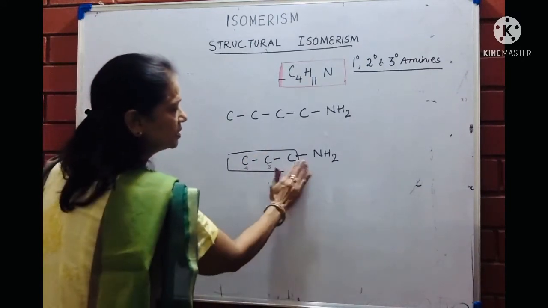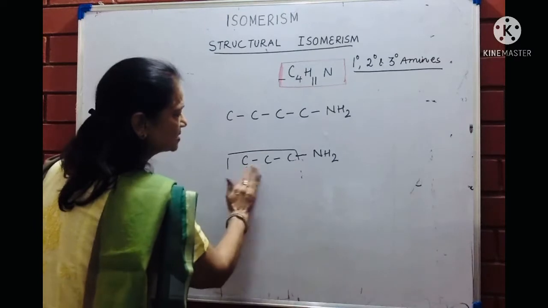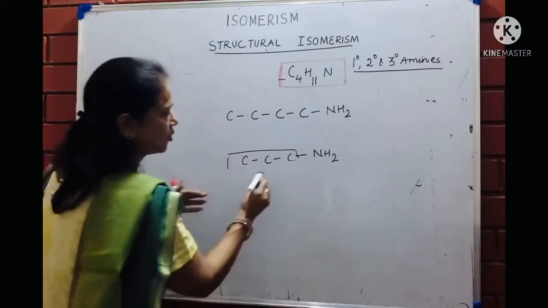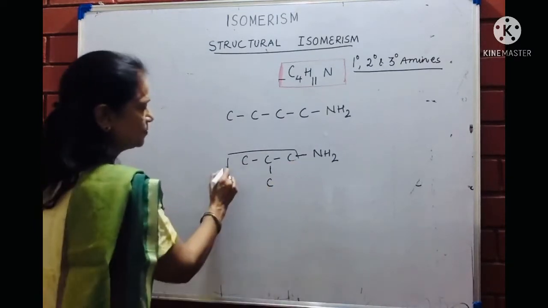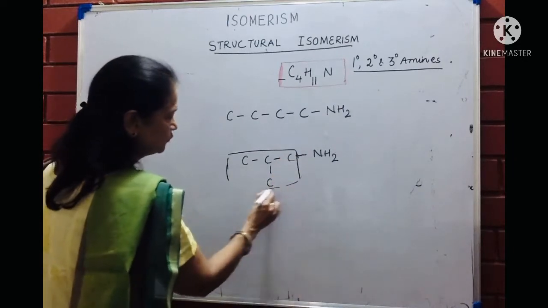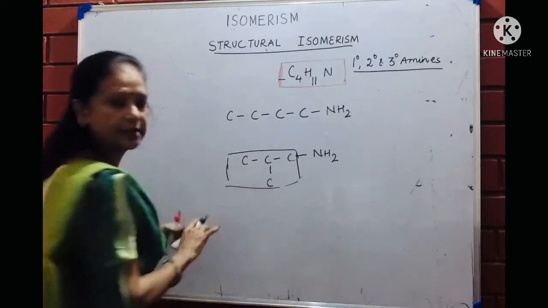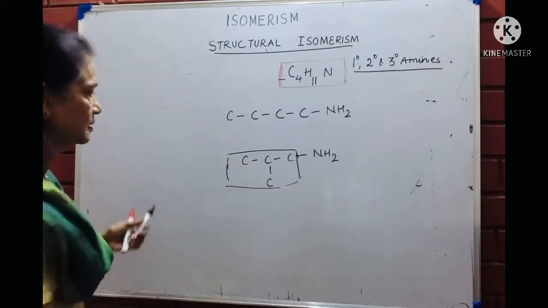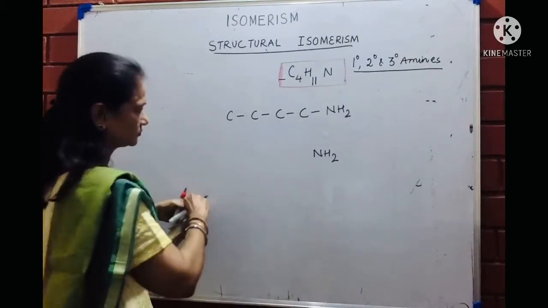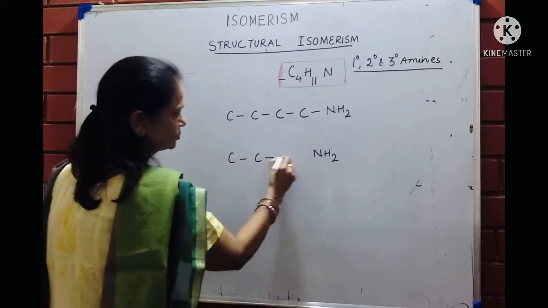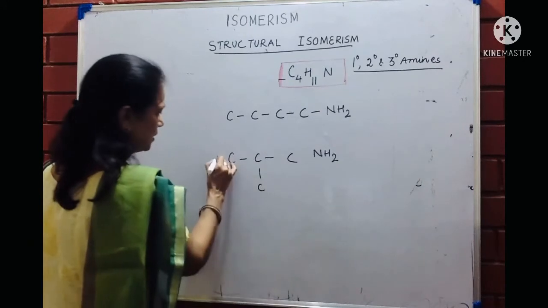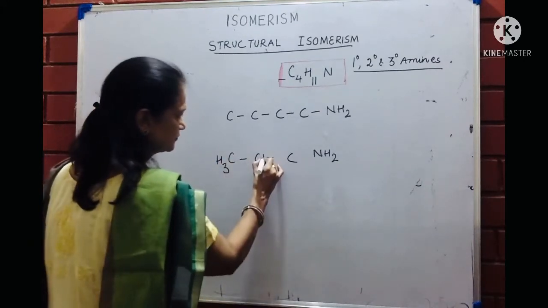When you are making a chain isomer, always make the branch somewhere in between. So when you make the chain here and put hydrogens here, it is 1, 2, 3 carbon atoms in a chain.